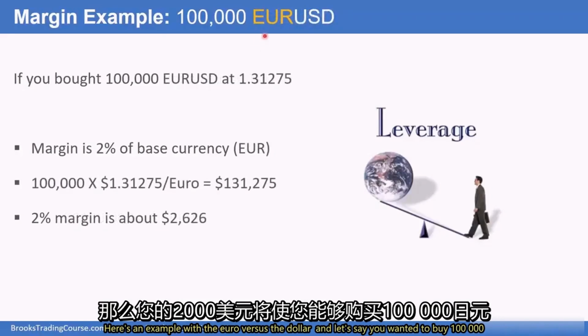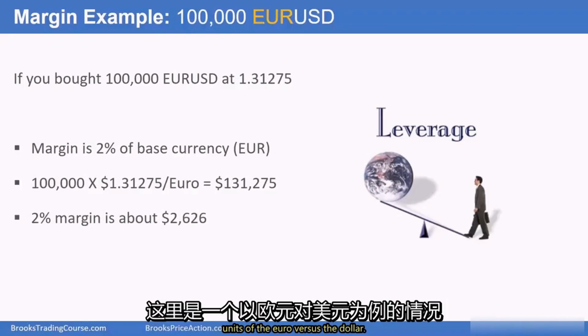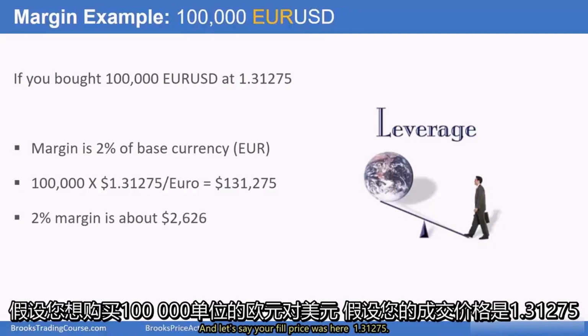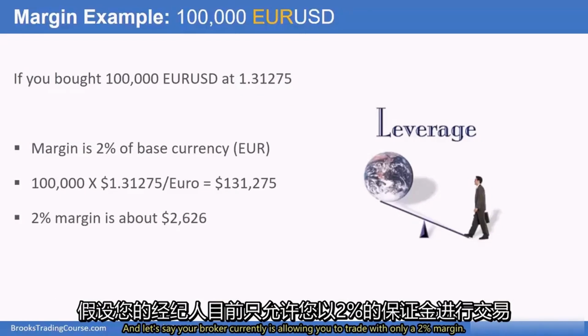Here's an example with the euro versus the dollar. And let's say you wanted to buy 100,000 units of the euro versus the dollar. And let's say your fill price was here, 1.31275. And let's say your broker currently is allowing you to trade with only a 2% margin.